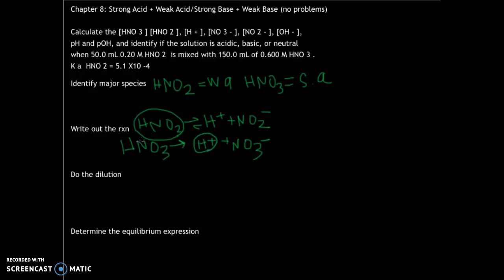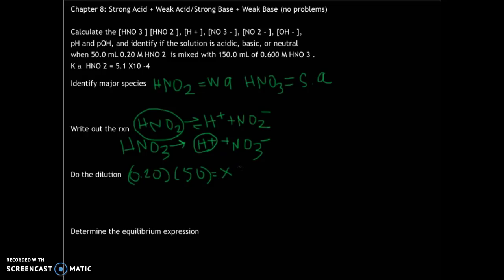Okay, before we can do anything, we have to do the dilution because they are taking two different acids, you're mixing them together so they will become diluted. So you have to do M1V1, M2V2 twice, once for each acid. So M1 for nitrous acid, 0.2. What's the volume? 50. M2, I don't know.